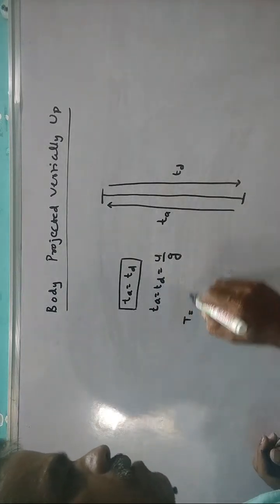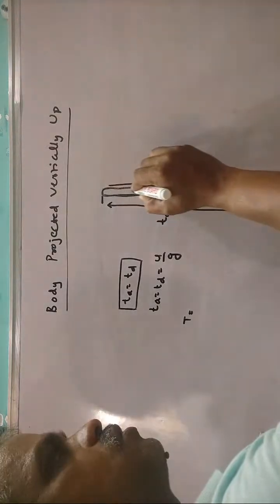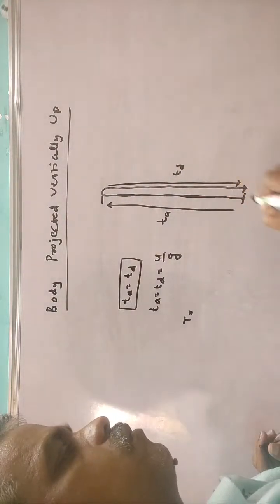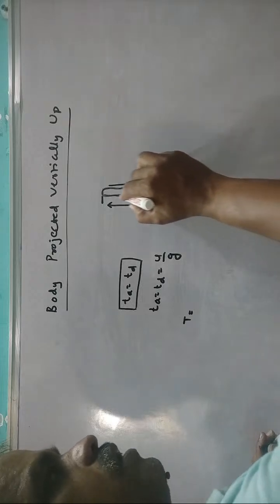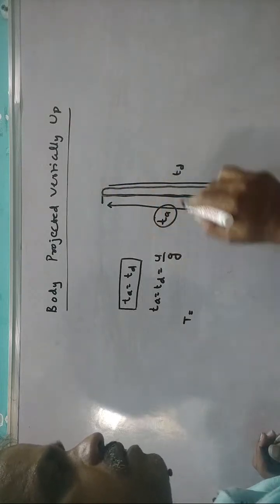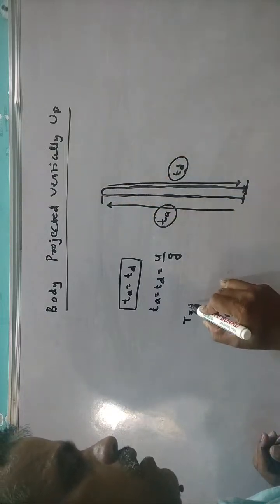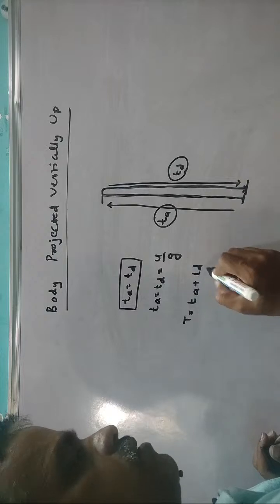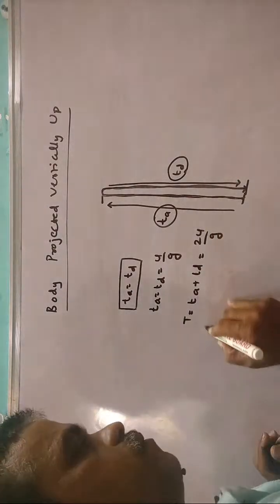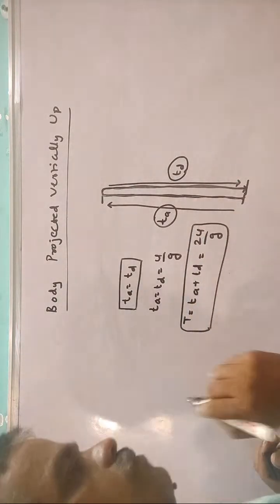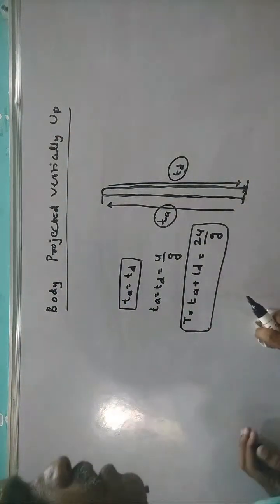When we project vertically up, the body then comes down to the ground. When it is going up, the time is time of ascent. When it is coming to the ground, time of descent. So total time of flight is equal to 2u by g. We already discussed these things. Just copy it.